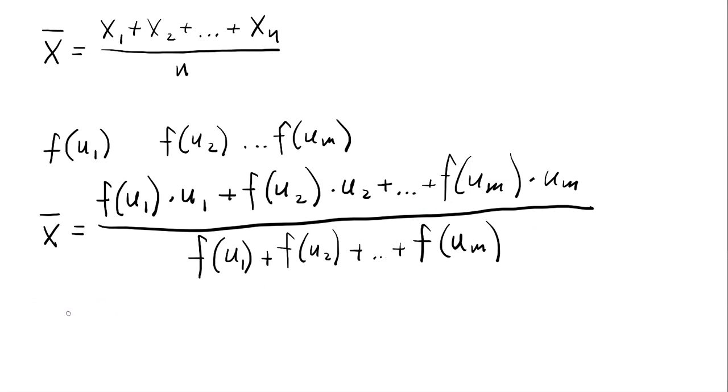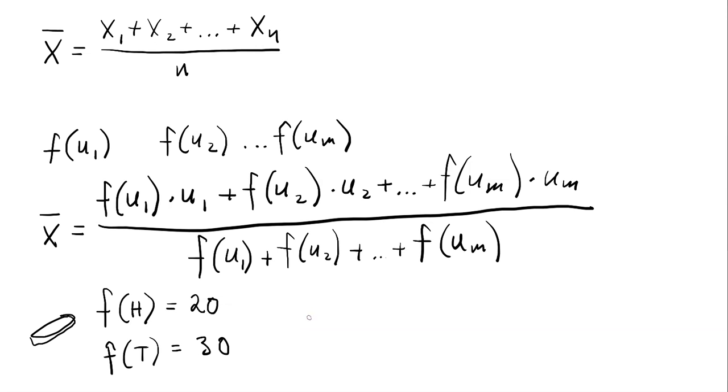So let's take an example. Let's say that I have thrown a coin. So I have gotten two data types, heads or tails. Let's say that I have gotten 20 heads and 30 tails.